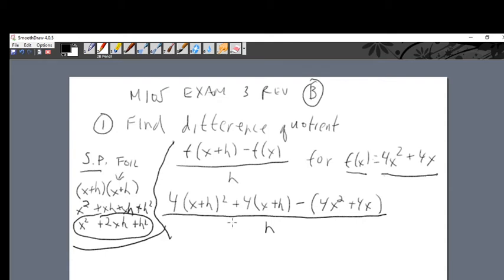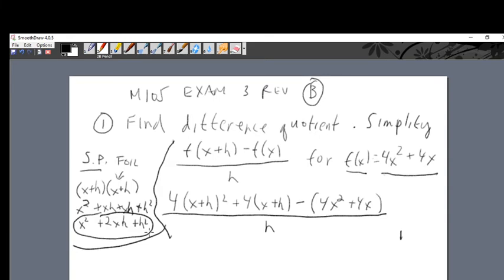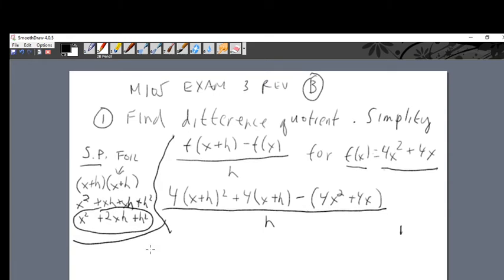Back to the main event here. So now, copy this. We're going to have to simplify. I forgot to say that the other thing that'll say on your paper probably is simplify as much as possible. So that's what we're going to try to do. Let me move this up again. Get this thing to listen.